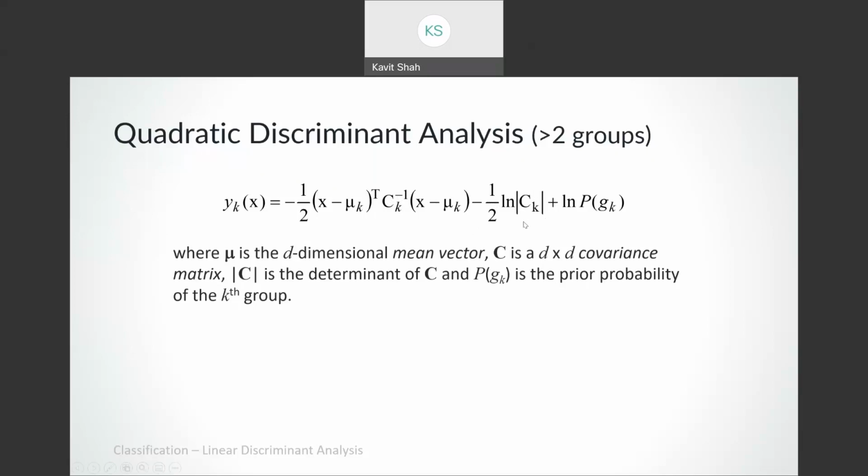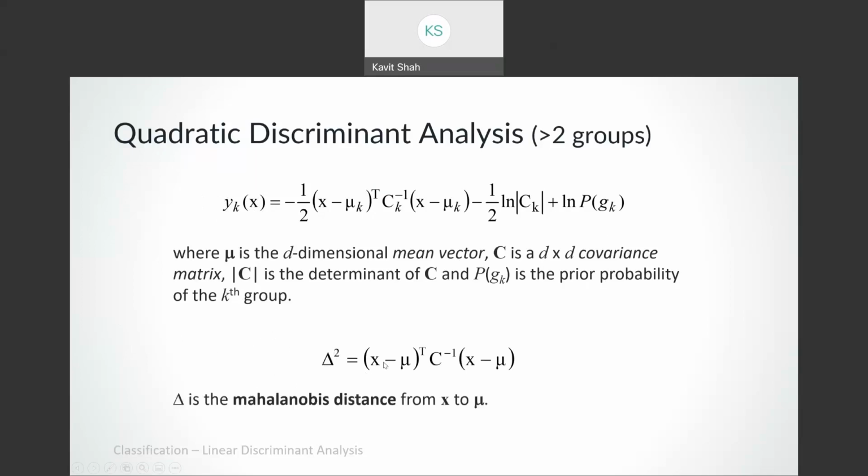Mod of Ck here is the determinant of the covariance matrix of the kth class. And probability of group k is basically the prior probability of the kth group, which we could give as the number of data points in group k divided by the total number of data points. To compute for a particular x, we would be computing the z value for all the classes, and we would be simply classifying the data point into whichever class has the highest z value.